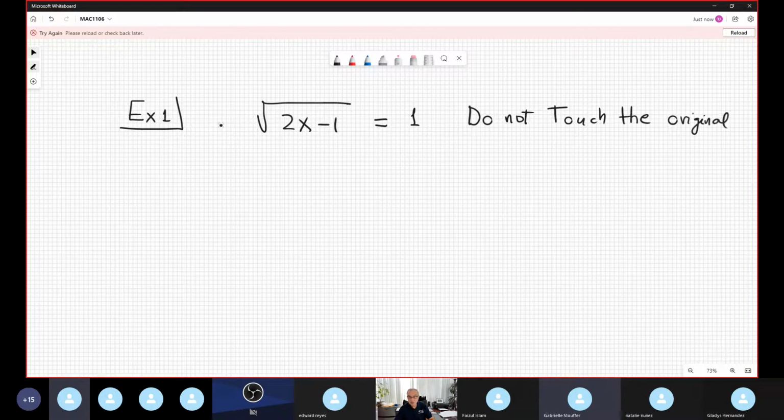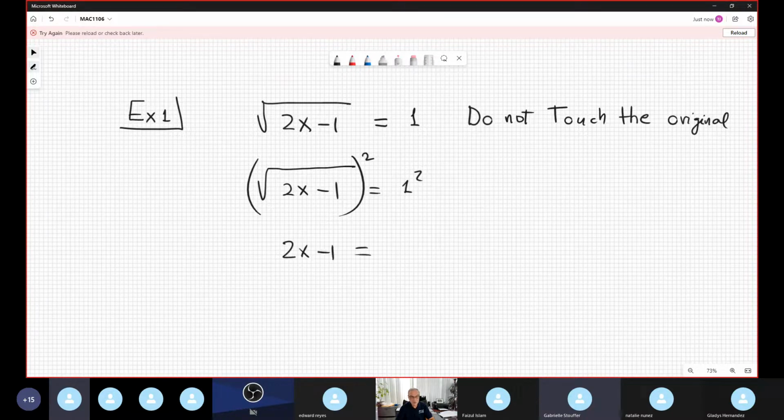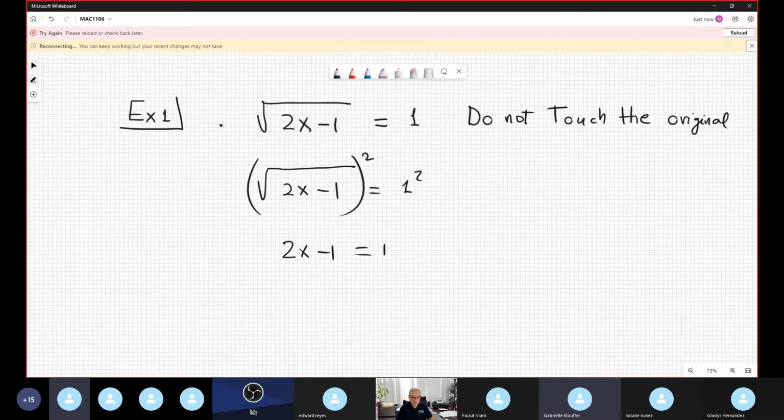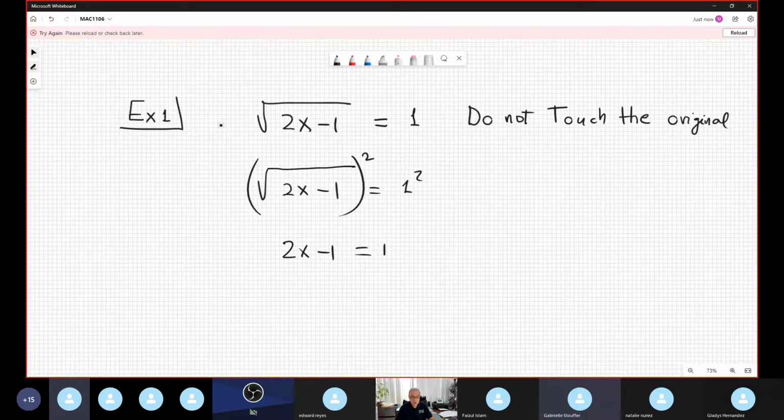I never touch it, I just bring it down. Now squaring is the key idea to open the door for this equation. Then you have 2x minus 1 equal 1, because 1 squared is 1. So you have the elementary equation, no radical equation anymore.